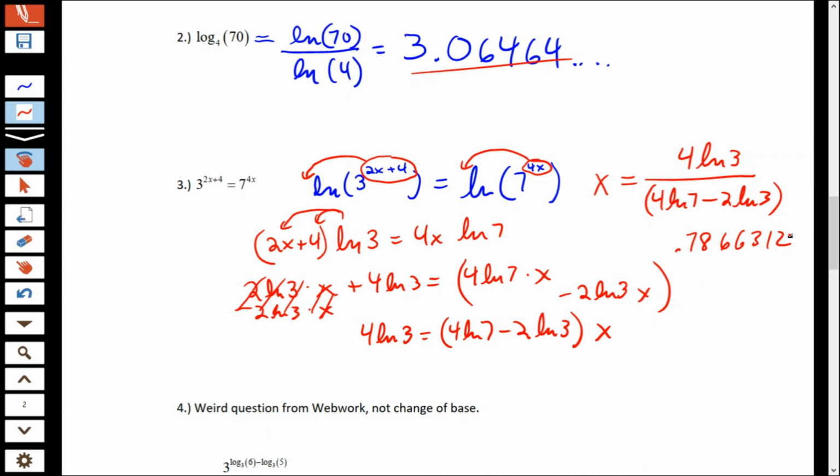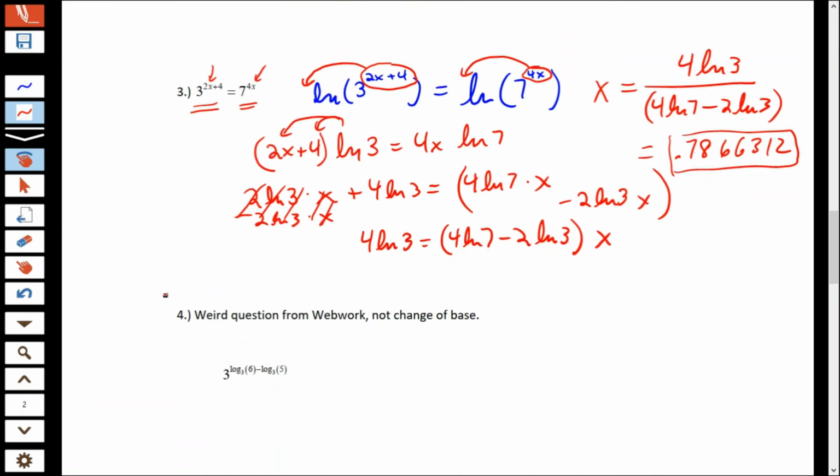All right. You can check that on your own. Plug in this decimal right here into the original equation for x on this side and calculate that side, and then plug it in over here and calculate that side, and you will see they're the same. Okay, and so these are some examples of using logs, natural logs, to try and solve problems.